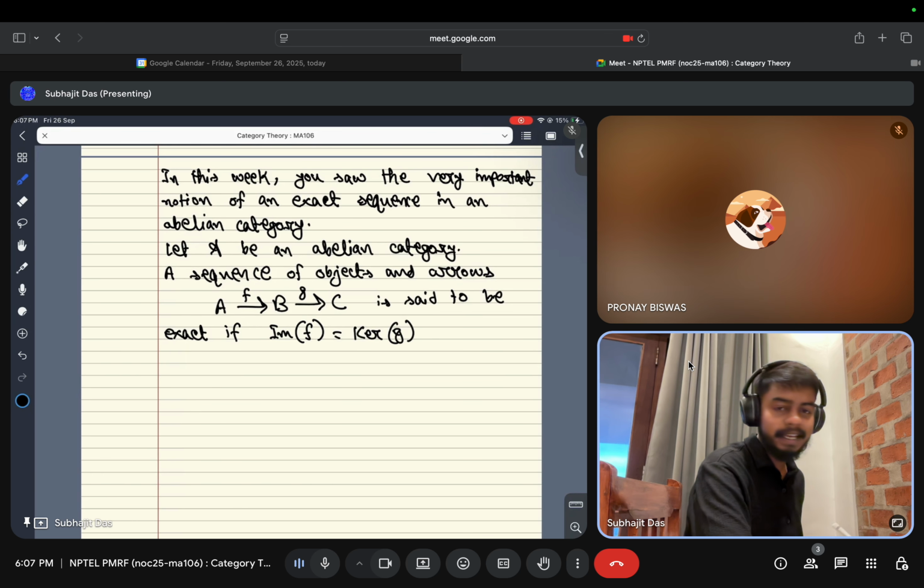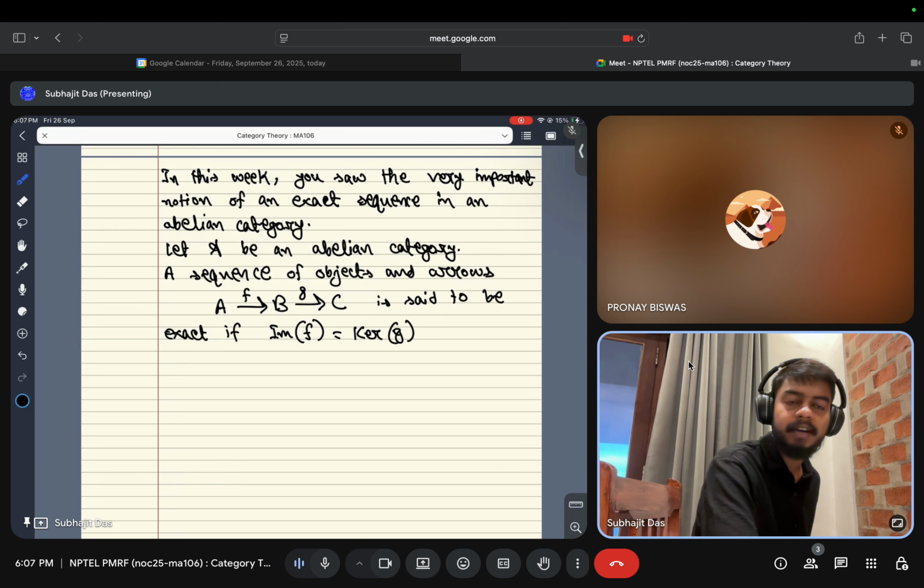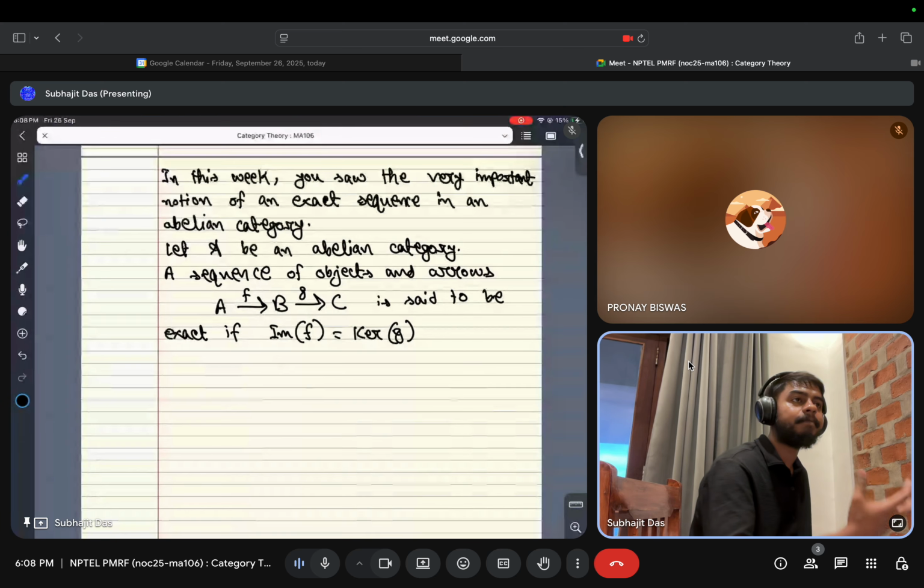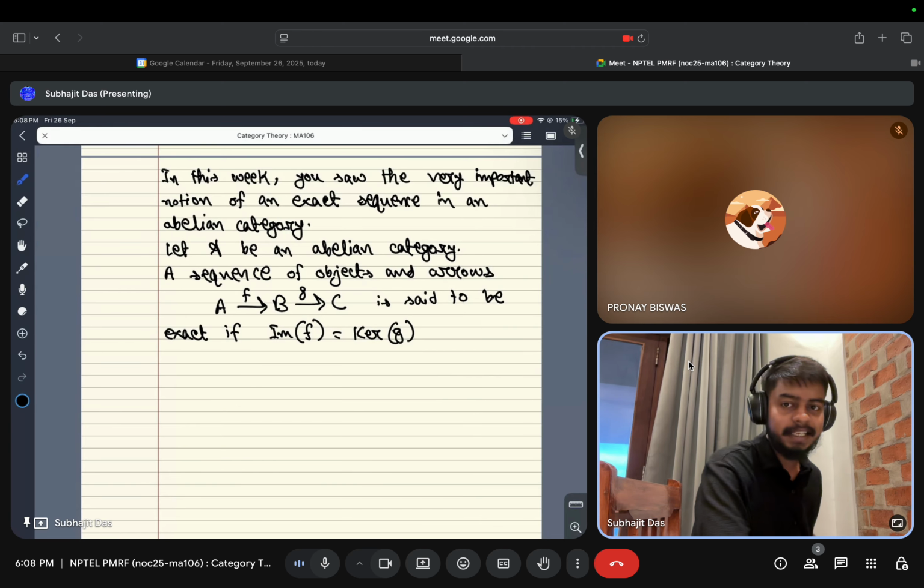That perfectly makes sense because both are sub-objects of B, and we can talk about equality of sub-objects of an object in a category precisely because sub-objects are equivalence classes of monomorphisms going into the object B. So it makes perfect sense to say when two equivalence classes are equal.